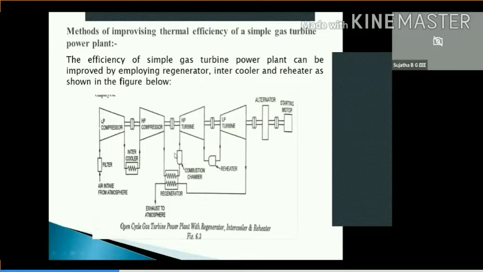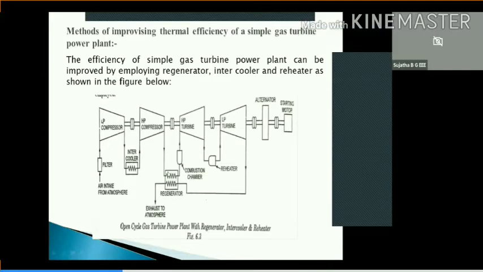Here you have a combustion chamber, and actually you are injecting air into it. So what we do is, using the regenerator, the heat present in the exhaust gas is extracted and then fed to the combustion chamber. Okay, so here we have the combustion chamber.